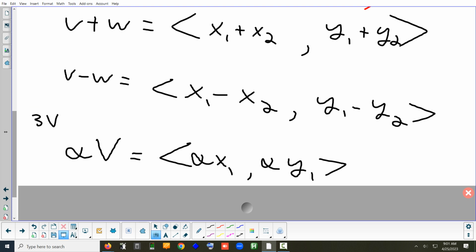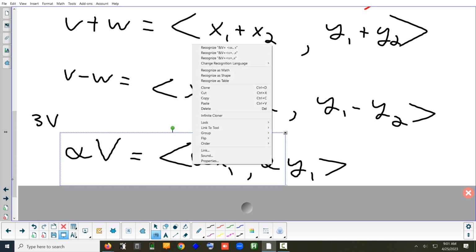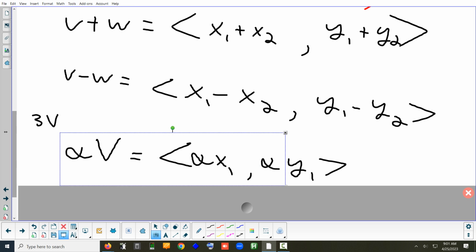This means to triple the length of vector b. So how do you triple the length? Well, you multiply the x component by how much you want to increase it by, and then you multiply the y component by what you're increasing it by. So if you wanted to triple a vector, you'd multiply each number in the vector by 3. But you have to do each number, not just one of the numbers. Okay, we're going to go through an example of each one.